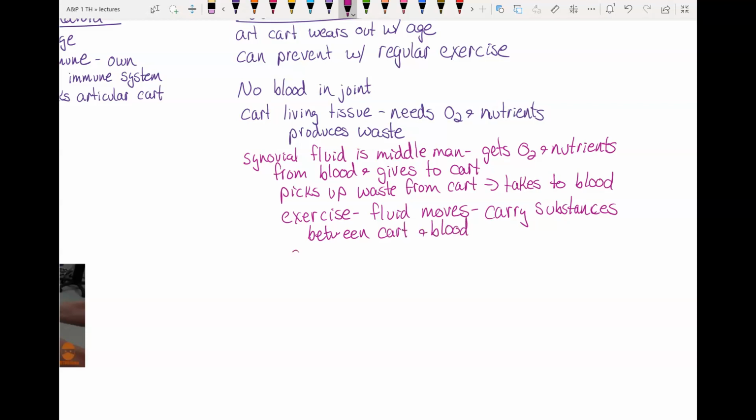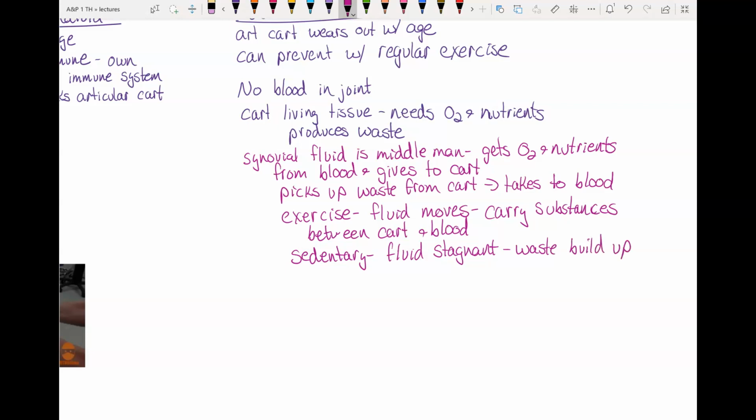If you don't exercise, if you are sedentary, then that fluid is stagnant. So the waste is going into the fluid, but it's just sitting there. It's not being taken to the blood. And so waste will build up.